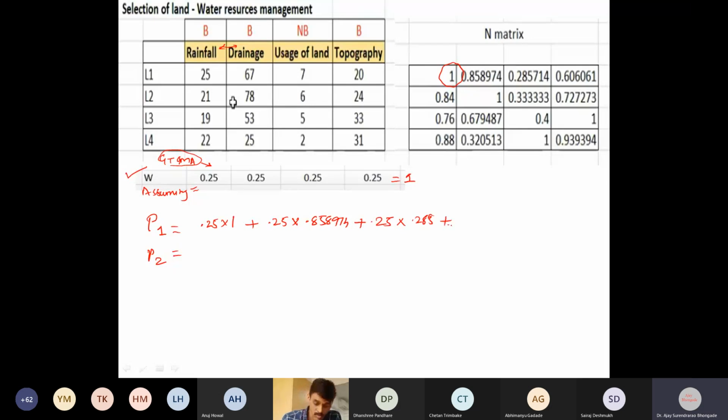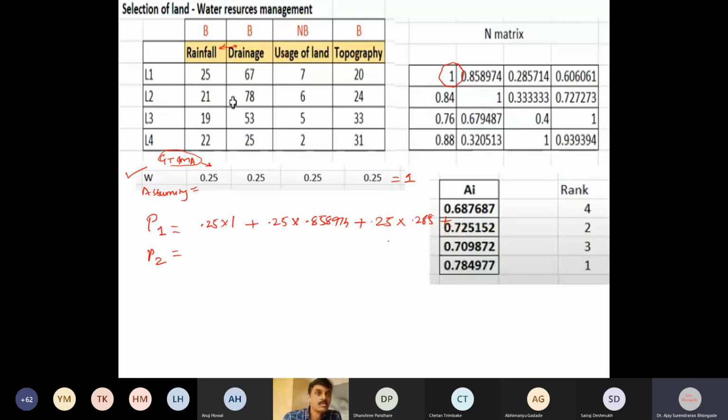So we can work out all of this, and that is the total score we got for each of the alternatives. I can call these P1, first alternative, second, third, and fourth alternative, that is land 1, land 2, land 3, and land 4.